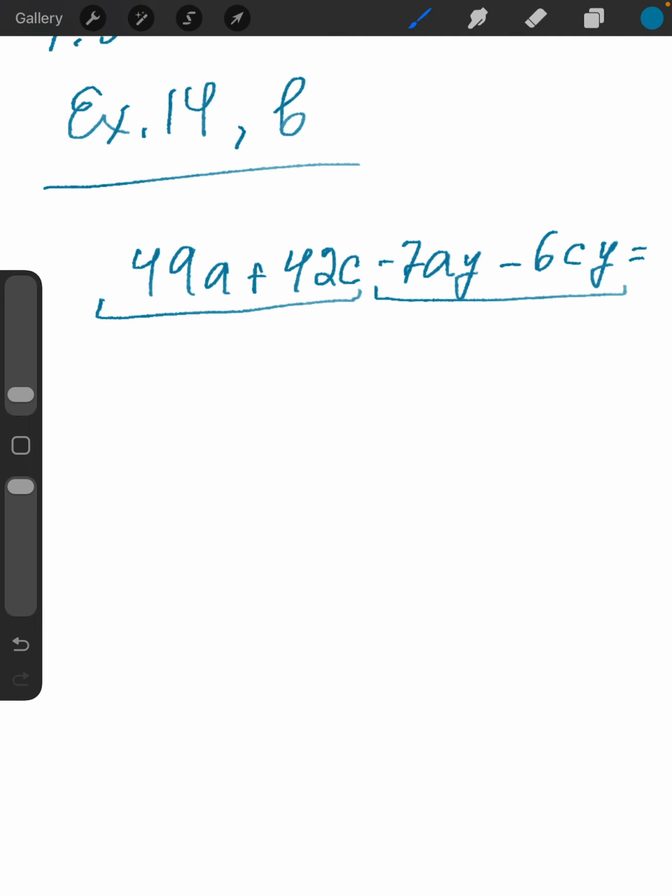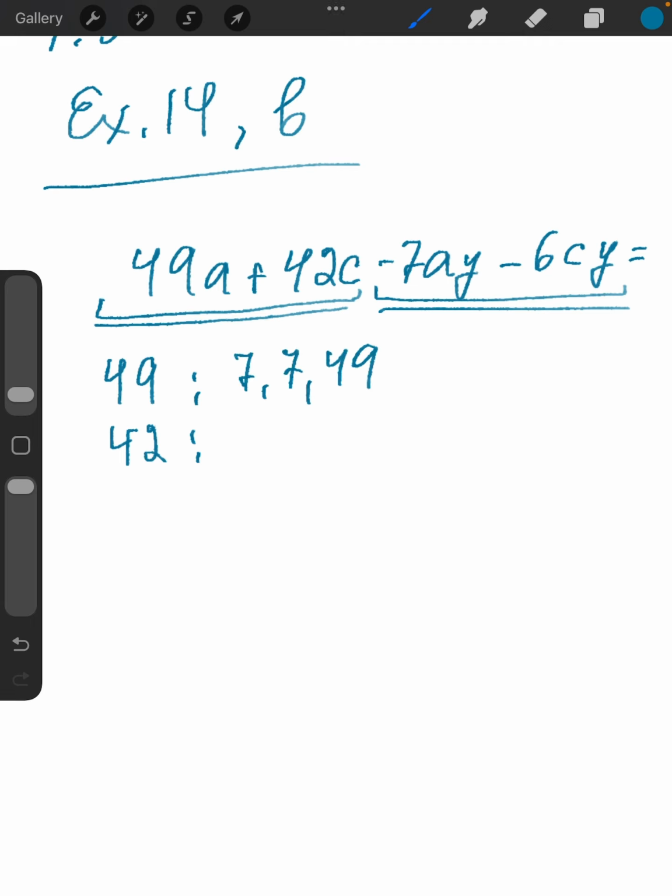So we'll consider these as almost like two separate expressions, right? Let's focus on the first one at first, right? So we've got 49A and 42C, all right? 49 and 42, if we factor them out, we will really see that there's a bunch of factors here until we get to number 7, and then etc., 21 and 42, right?